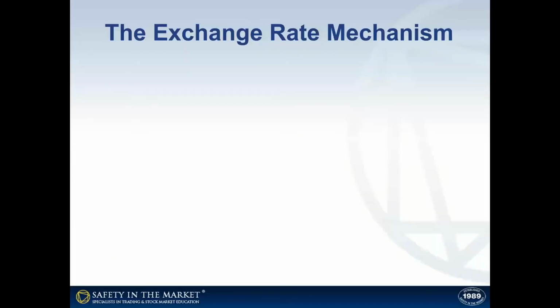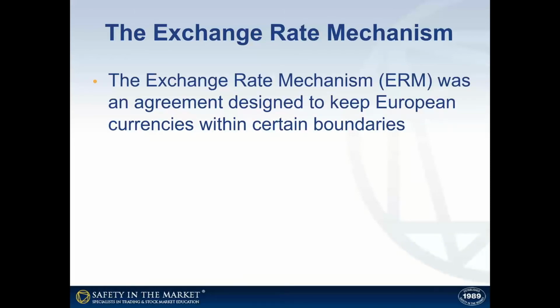A little bit of background: you just heard me talk about the exchange rate mechanism. The exchange rate mechanism was an agreement that was designed to keep European currencies within certain boundaries. And countries had to sign up to this agreement. And what they were agreeing to was that they would have trading bands for their currencies. So they'd have a high and a low price.